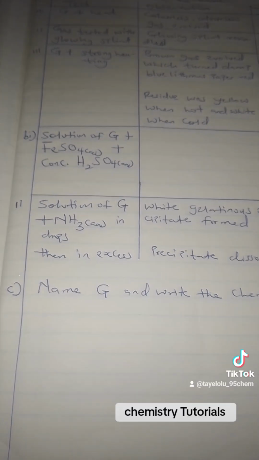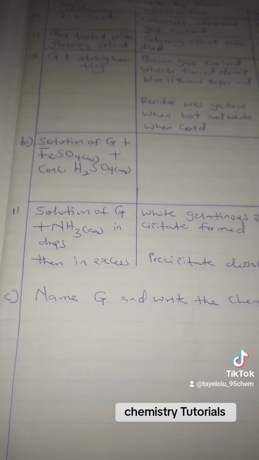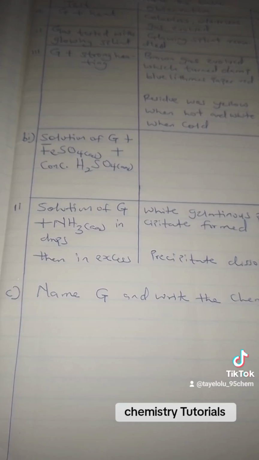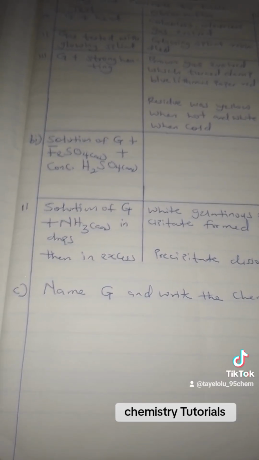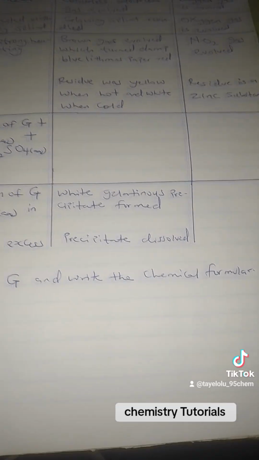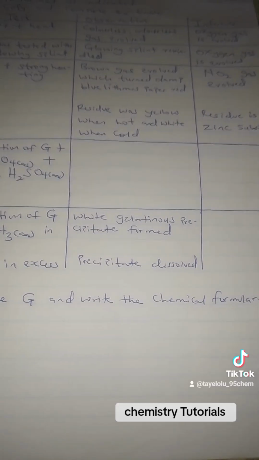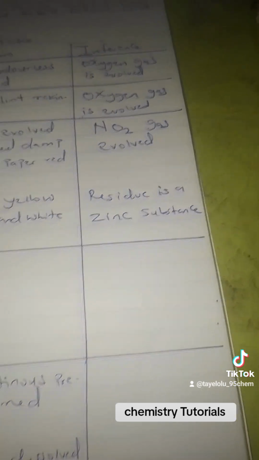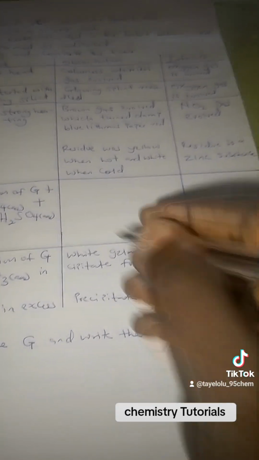Solution of G plus iron(II) tetraoxosulfate(VI) plus concentrated H2SO4. There's only one test this is used for, and that is what's known as the brown ring test. And that is definitely going to be the case, since we have discovered that NO2 gas is evolved here. So for NO2 gas to be evolved from that compound, it means it contains NO3 minus ion.